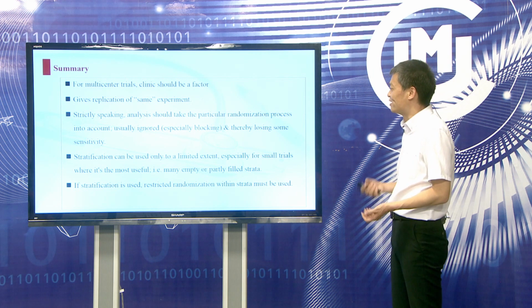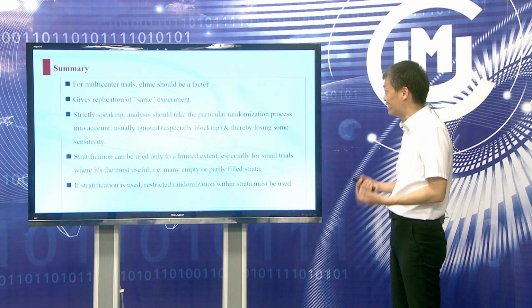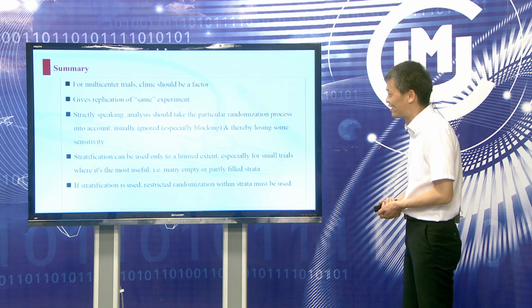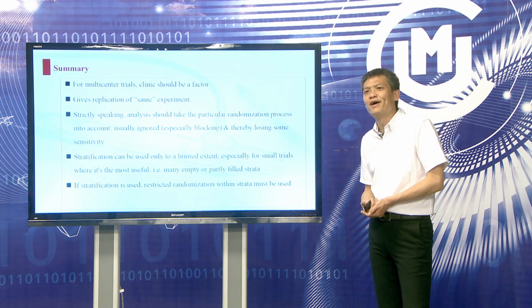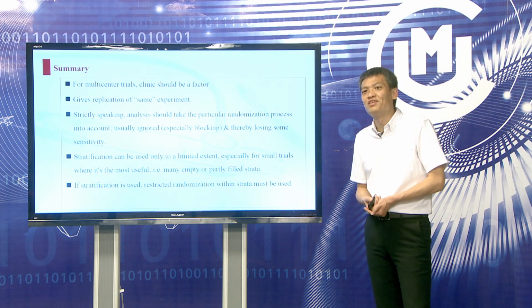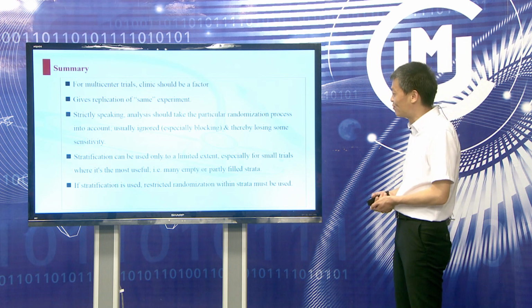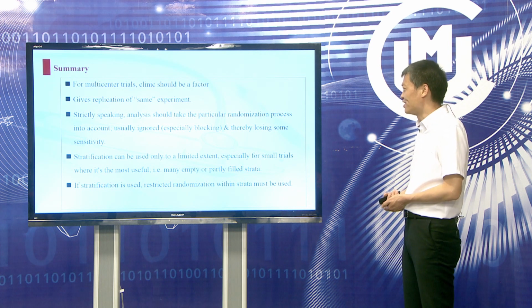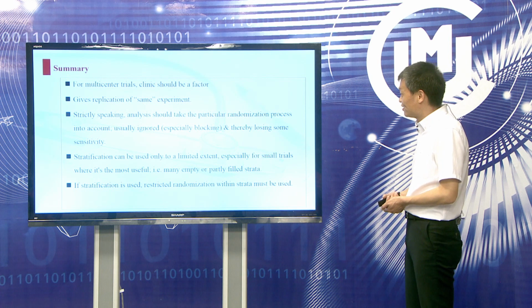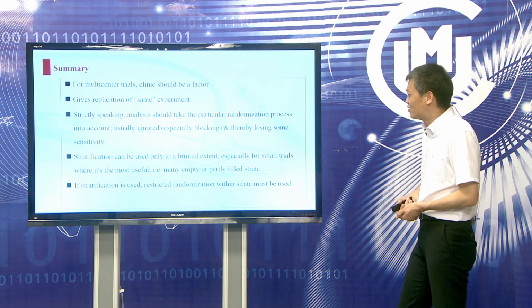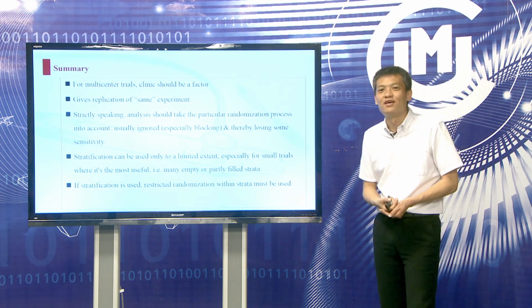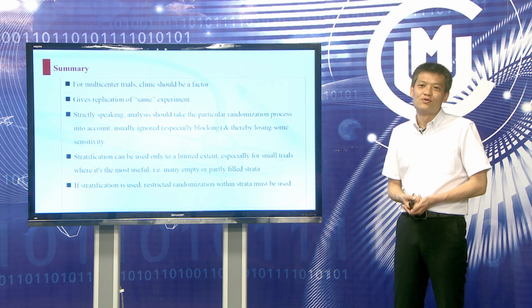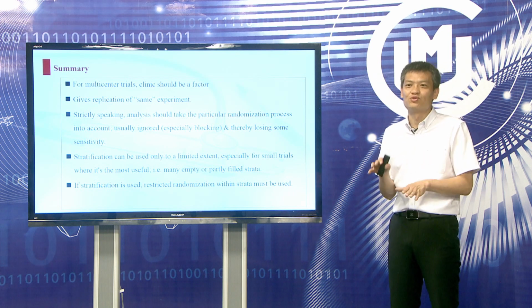Strictly speaking, an analysis should take the particular randomization process into account, but this is usually ignored, thereby losing some sensitivity. Stratification can be used only to a limited extent, especially for small trials where it is most useful, for example, with empty or partly filled strata. If stratification is used, restricted randomization within strata must be used.